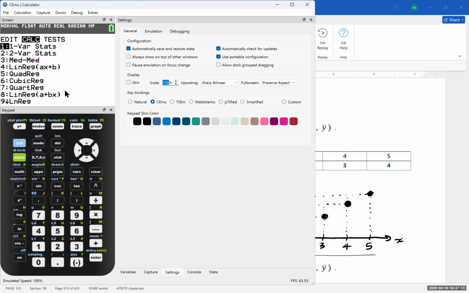We'll do 2 variable stats. With 2 variable stats, you put list 1 for your list of x values, and list 2 for your list of y values, and hit calculate. You can see it gives you x bar, which is 3, and y bar, which is 2.8. So x bar, y bar is going to be 3, 2.8.